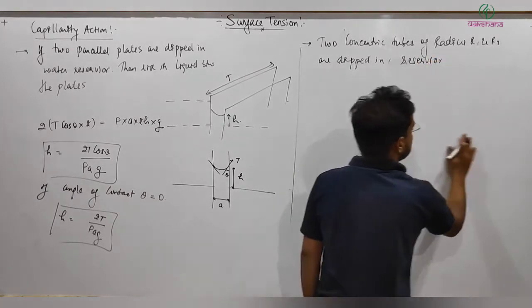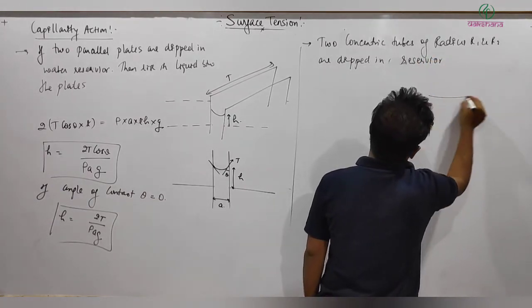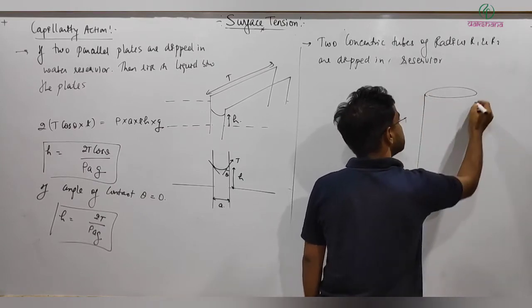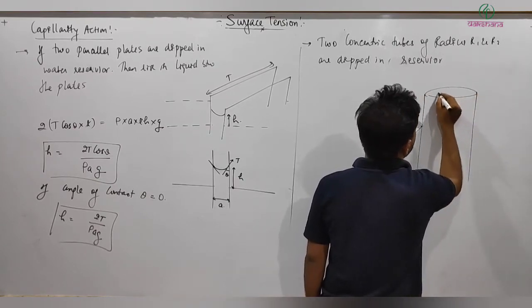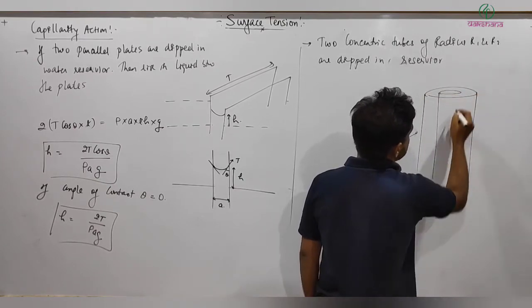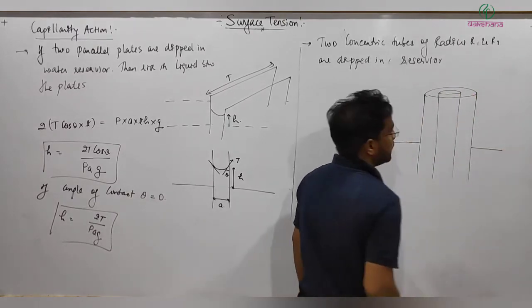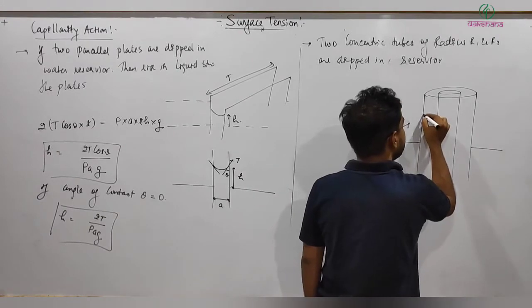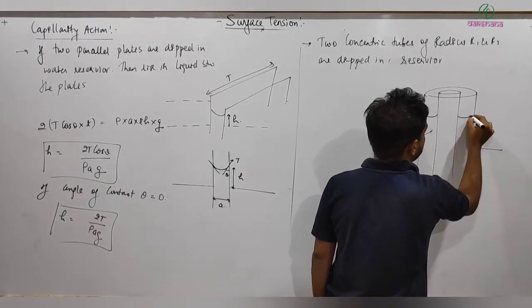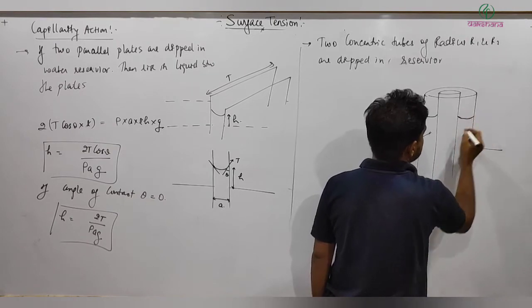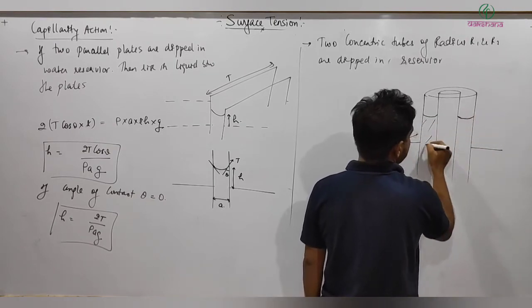Then what will happen here? We look at it from the top, and this is one tube and another tube is like this, and they are dipped in the reservoir like this. So the liquid will rise in this part, and this will be the rise of the liquid.